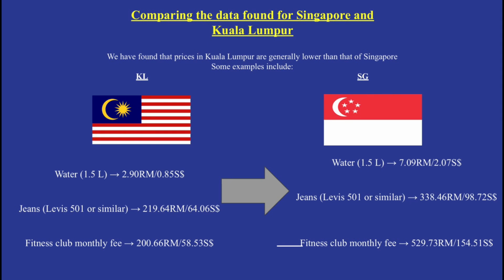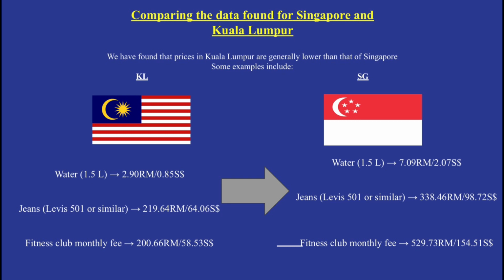For jeans, Levi's 501 or similar, in Kuala Lumpur it costs 219.64 RM, which is 64.06 Singapore dollar. In Singapore, it costs 338.46 RM, which is 98.72 Singapore dollar.